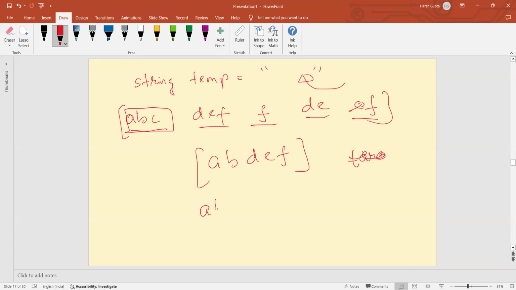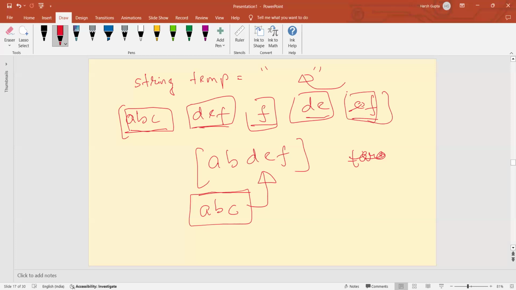Because if you do so, the first 3 characters of your string will become ABC, and now even in 1,000 decades you can't reach this target string, isn't it? So you can't choose ABC. You can't choose DEF either. You can't choose F. You can't choose DE. You can't choose EF. So you need to go over all the possible strings and look at the options, isn't it? Like what strings you can choose and what strings you can't.